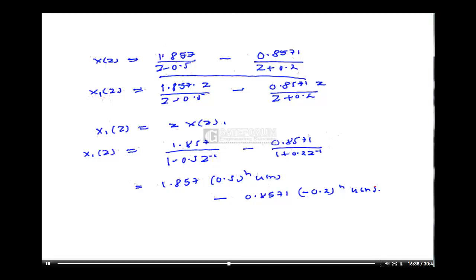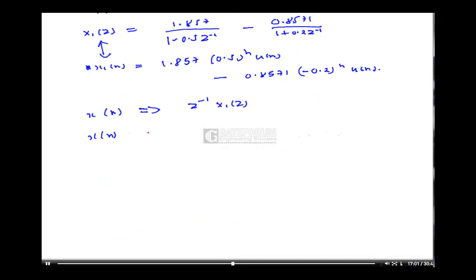Okay, this is my x1[n] which is derived from X1(z). To get x[n] from this, which will have a Laplace transform z minus 1 X1(z), I will have x[n].